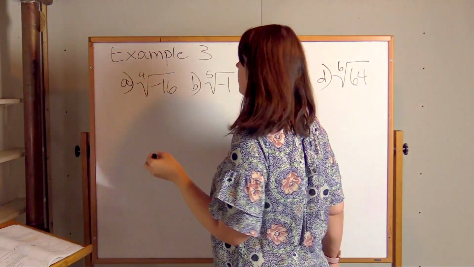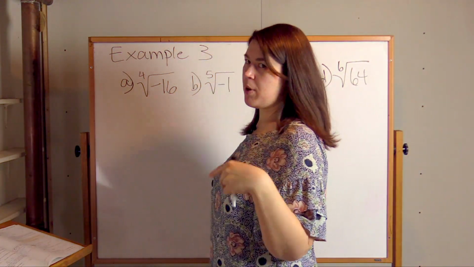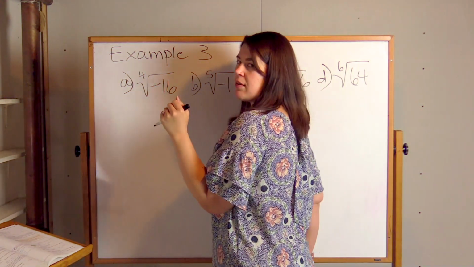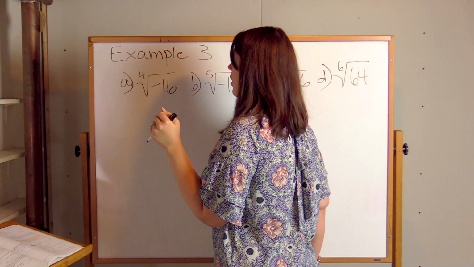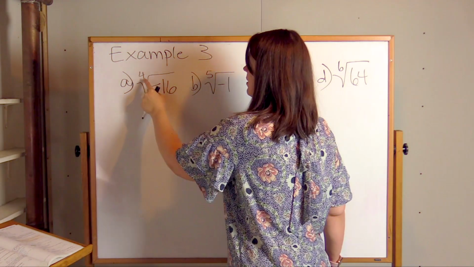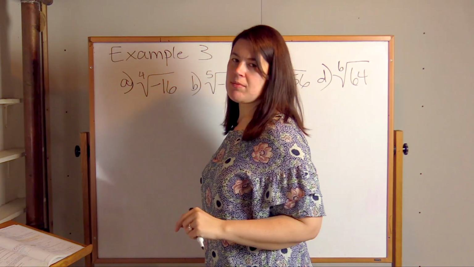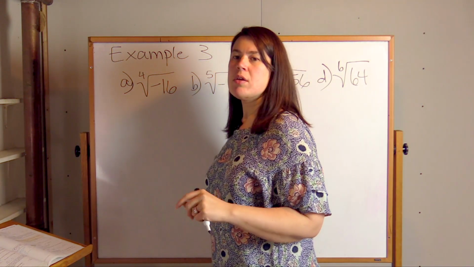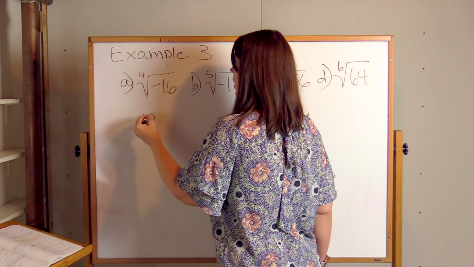All right, so on the first one, what times what times what times what? We're multiplying the same number 4 times equals negative 16. Well, I hope you didn't say negative 2, because that's not right. This is even, and we have a negative number under the radical. So this is not real.